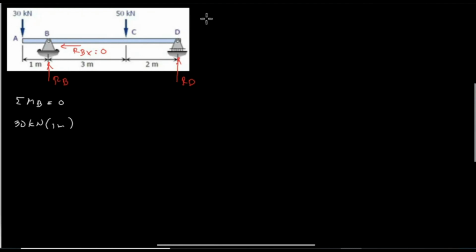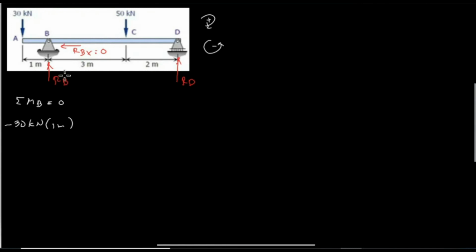However, clockwise, the sign is always positive, while counterclockwise, the sign is always negative. And at this point A going to B, the direction of 30 kilonewton is counterclockwise, so therefore it is a negative sign.